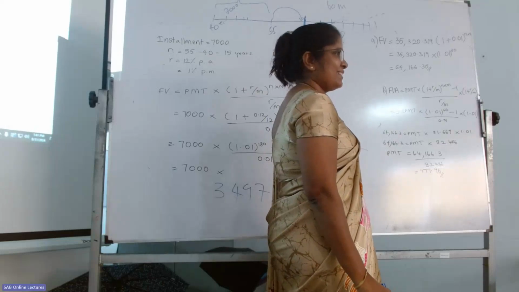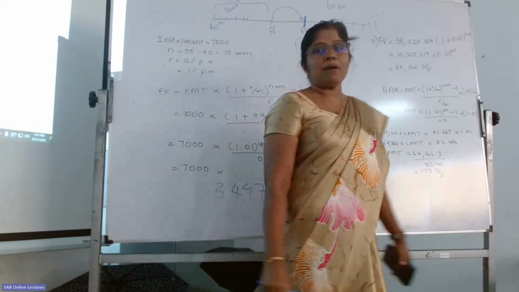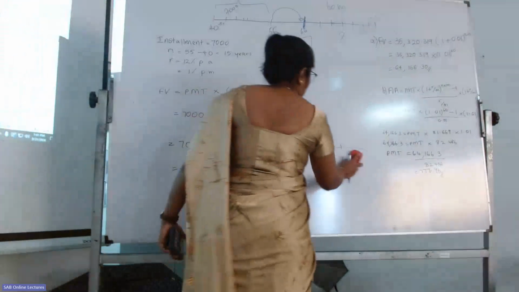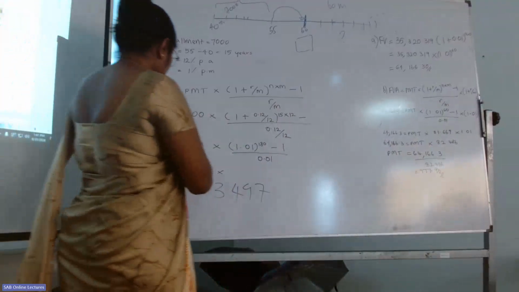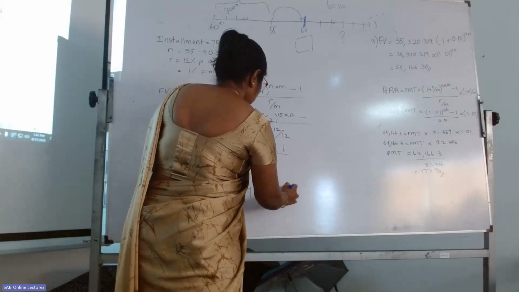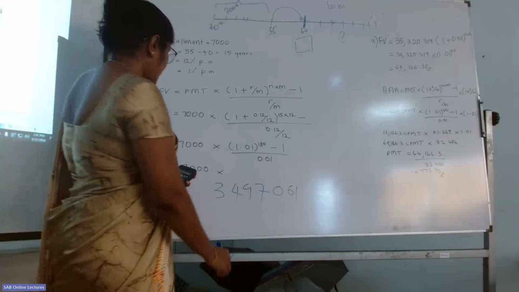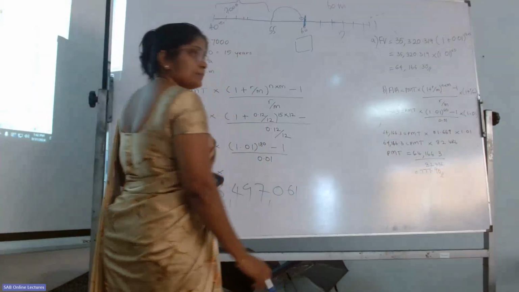Mistake. Otherwise, okay, I think. So, one month from today, that is next month. Whether the answer is correct, let's see: 3.497, 0.61. So this is 3.4 million 97,061.